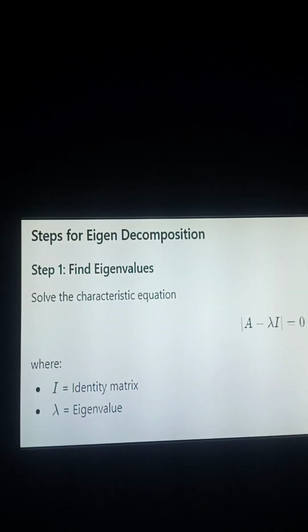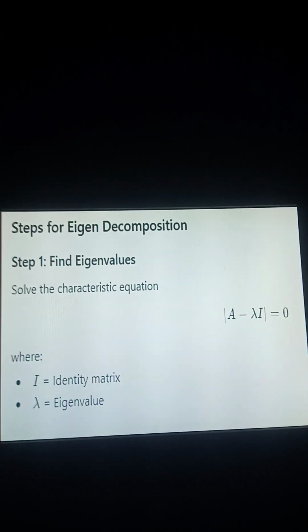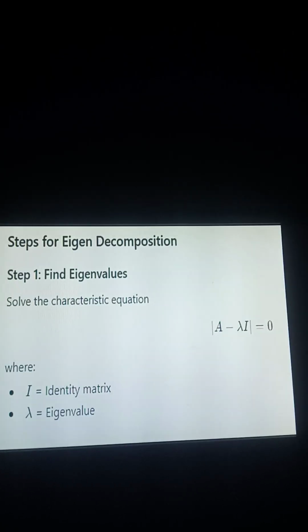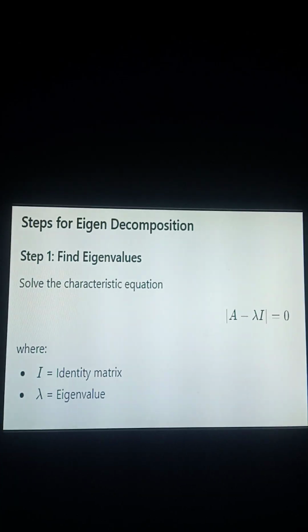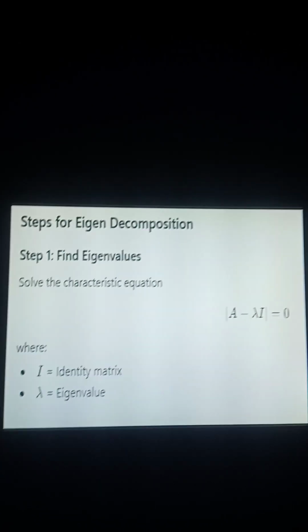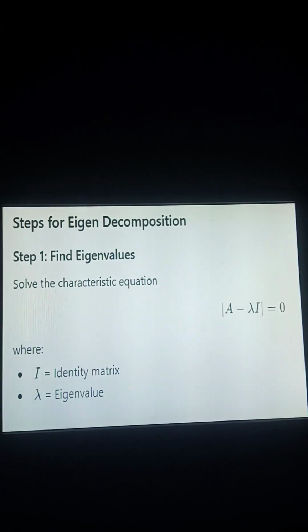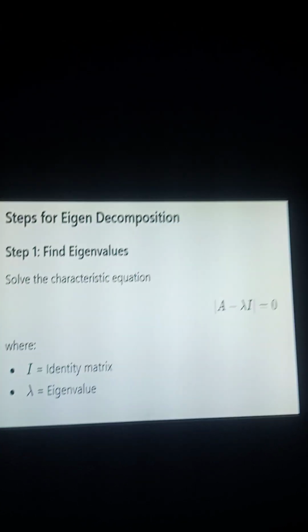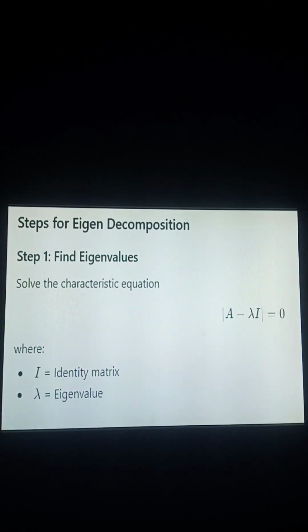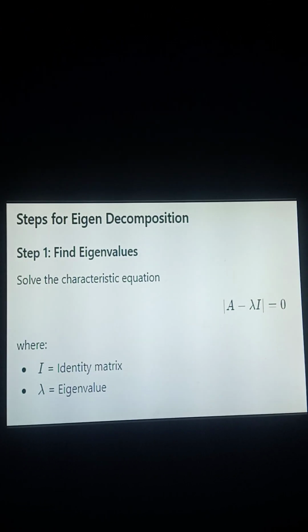Here, step 1 is to use the formula determinant of A minus lambda I equal to 0. You know the value of A; if it is a problem, A will be given. I is the identity matrix, 1 0 0 1. If you substitute this A and I, you will get the values lambda 1 and lambda 2.